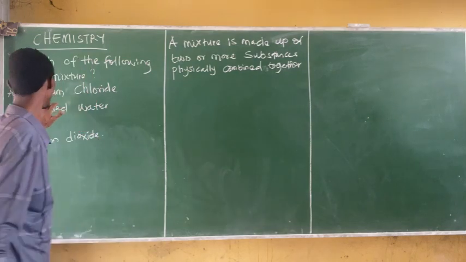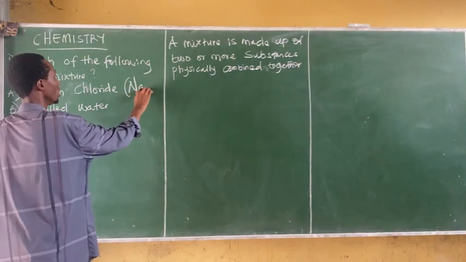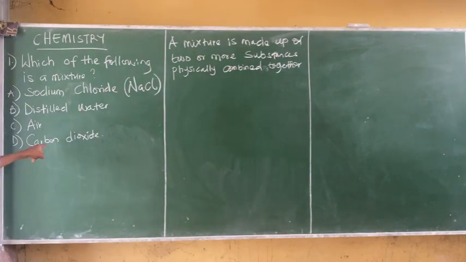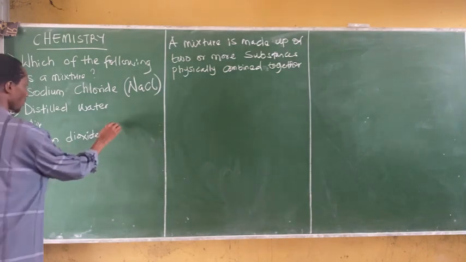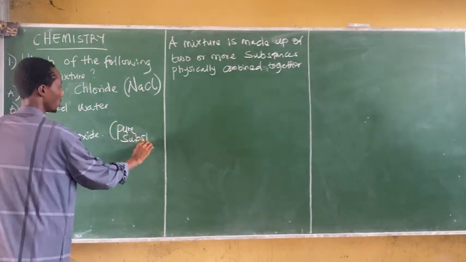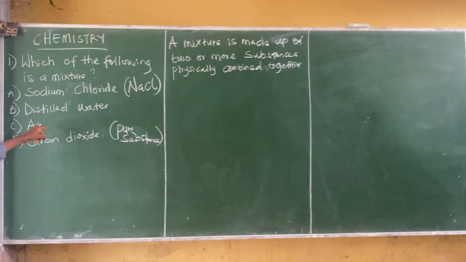Now, from the options here, we have sodium chloride, which is NaCl. We have distilled water, we have air, and we have carbon dioxide. Carbon dioxide here is a pure substance. Air is not a pure substance.